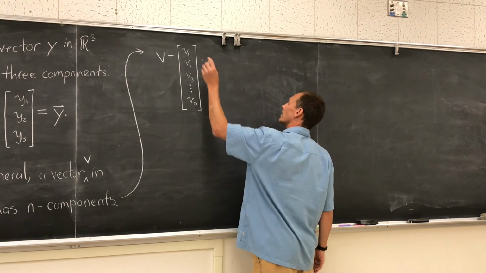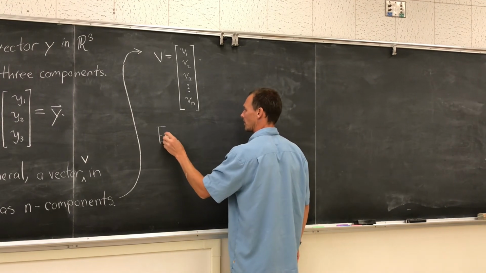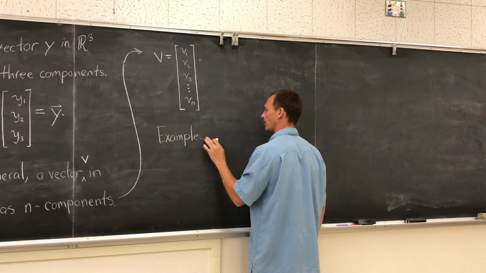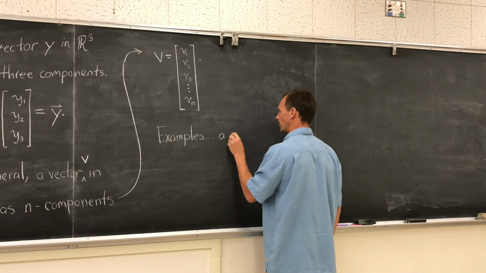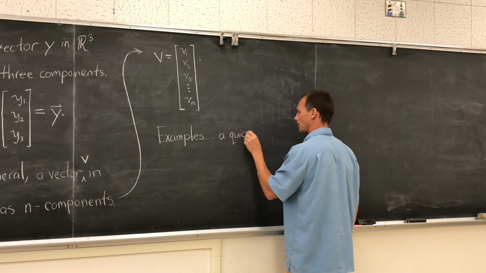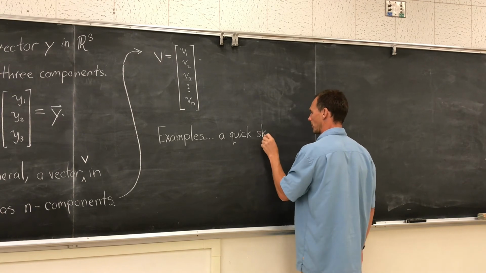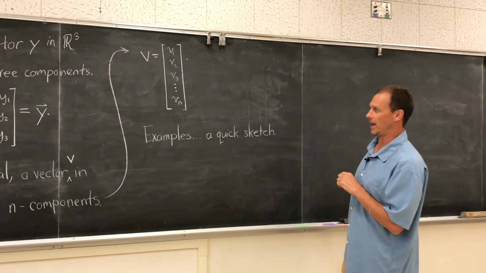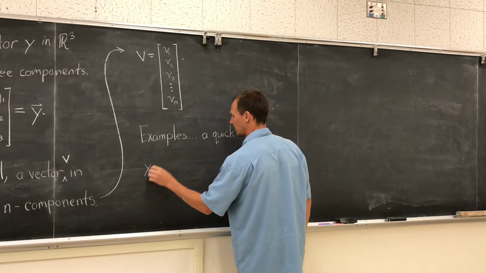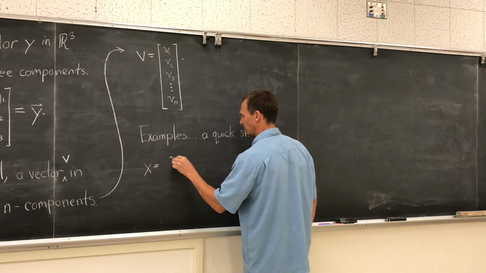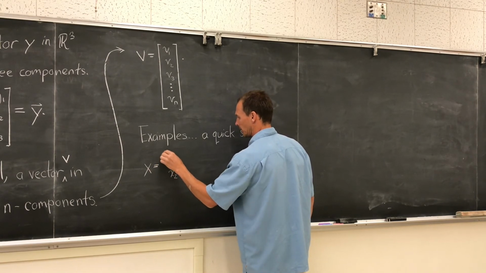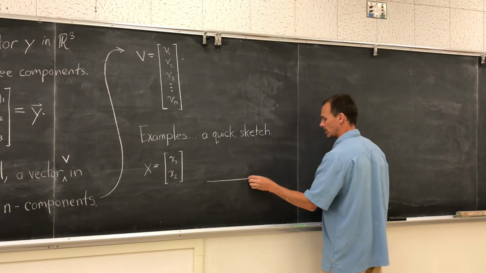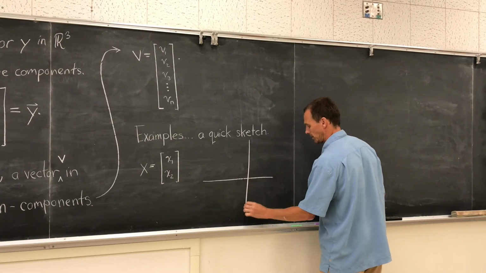So let's take a look. Examples, a quick sketch. So what do we mean? Let's take a look at x. We said that x has 2 components, x1 and x2. If I was to draw the vector x, let's just take a look at our Cartesian plane.